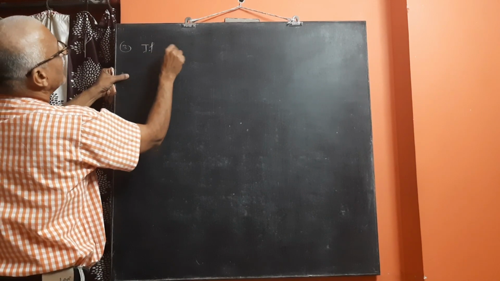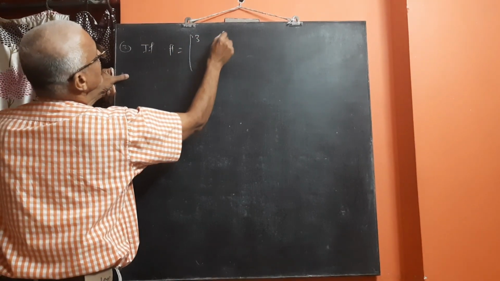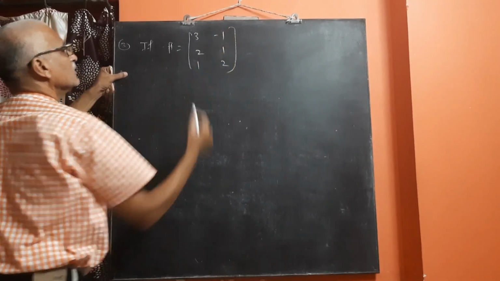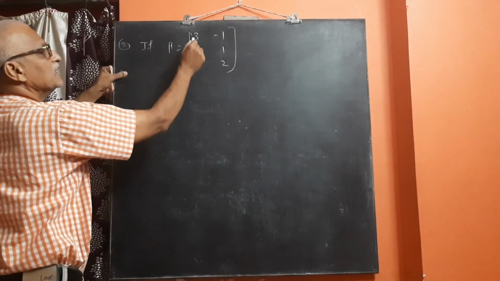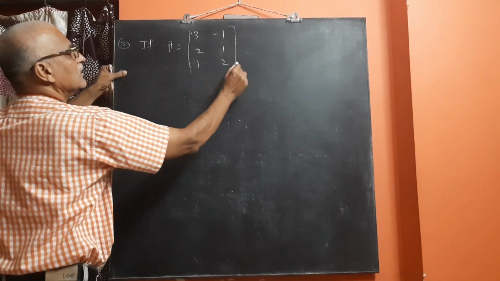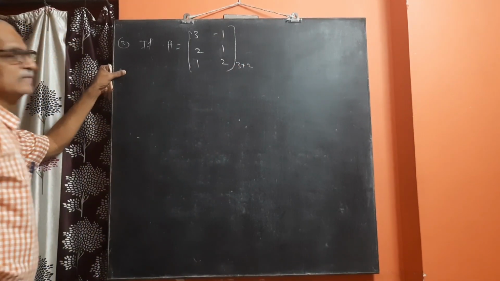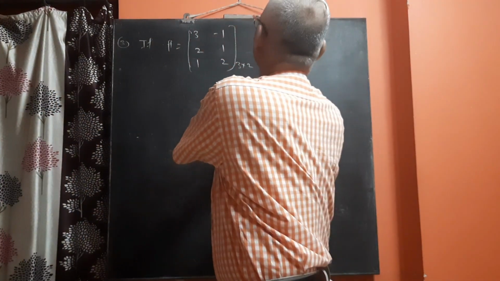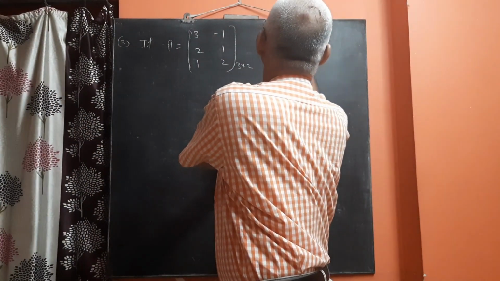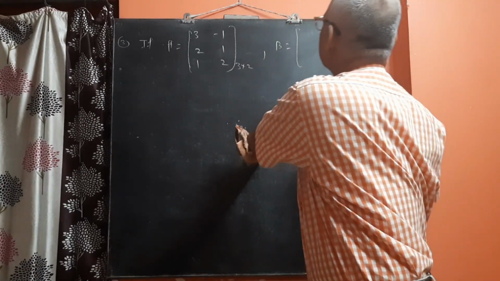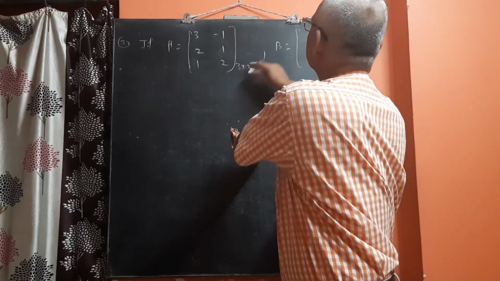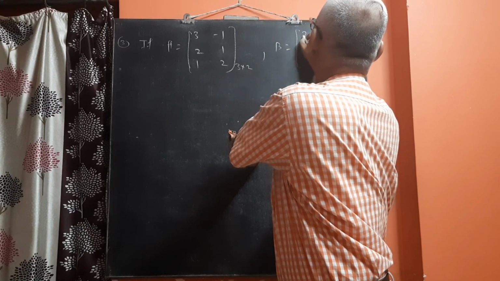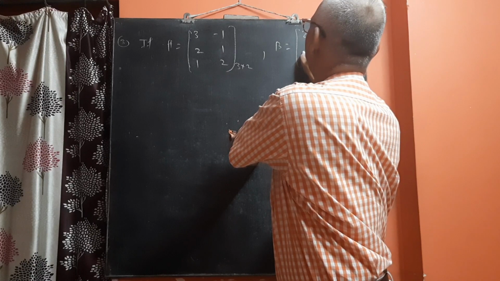If A is equal to matrix of 3 minus 1, 2, 1 and 1, 2. Here the order is 3 by 2. And B is a matrix, let us say a column matrix, 2 and 1.